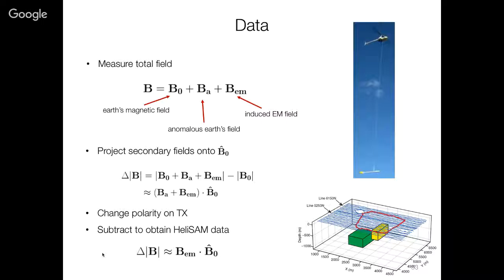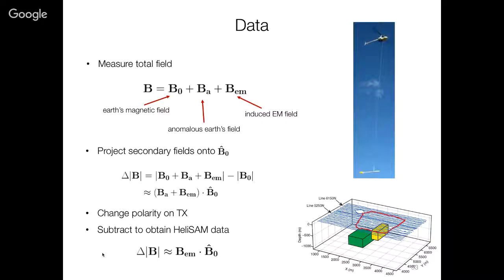Just the same as in an ordinary case with magnetics, you want to subtract out the Earth's field, and that gives you a residual, and that is approximately equal to this BA plus BM, these two guys, projected onto the Earth's field.